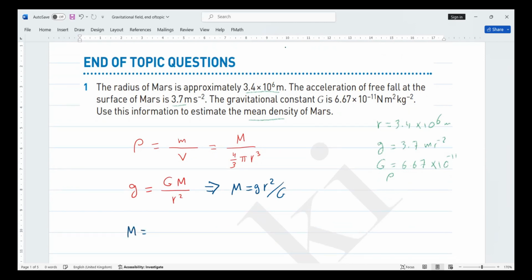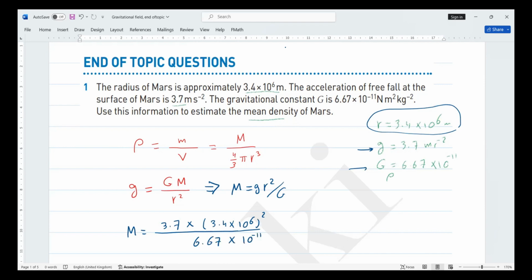So M equals g, the gravitational field strength on the surface, which is 3.7, times R, given in meter, 3.4 multiplied by 10 power 6 all squared, divided by G, which is 6.67 multiplied by 10 power negative 11.